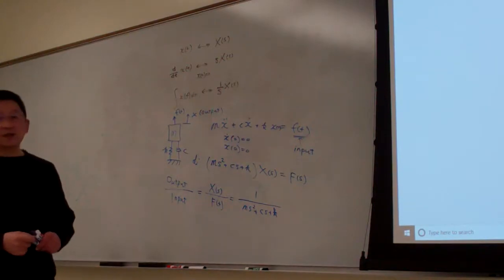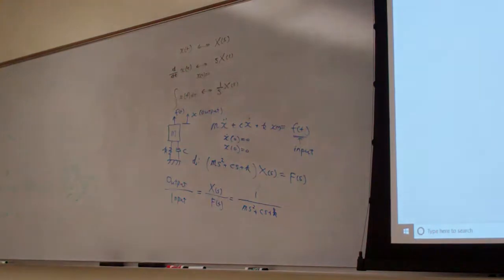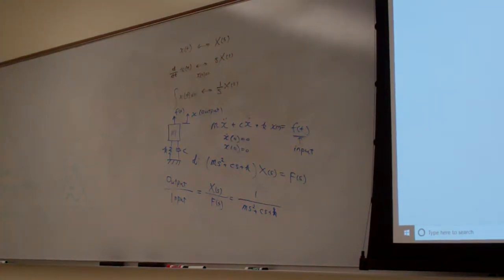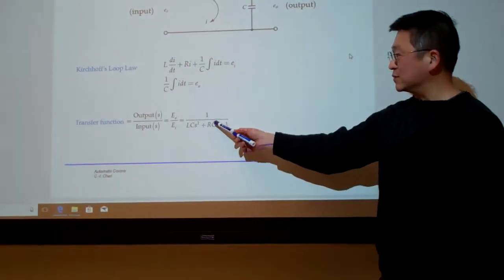Compared to the electrical system, you can see a similar pattern, the same pattern but with similar coefficients. The second-order electrical system is composed of L, R, and C. The inductance produces the second-order system.